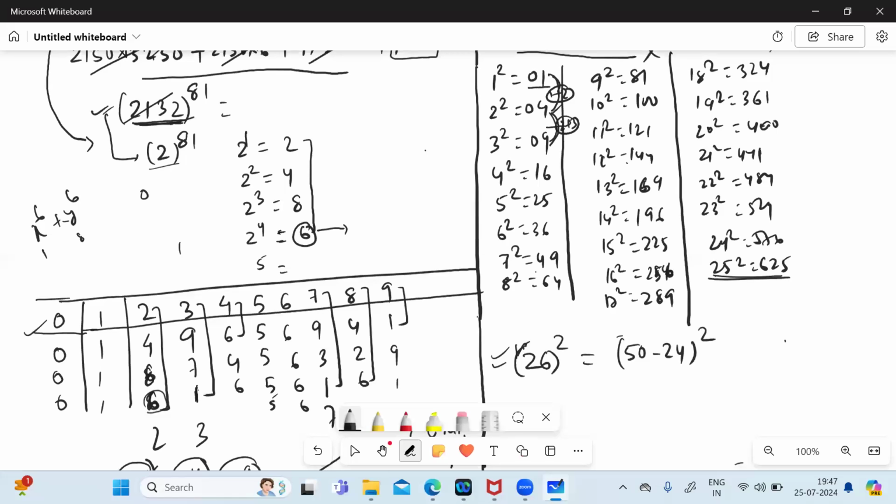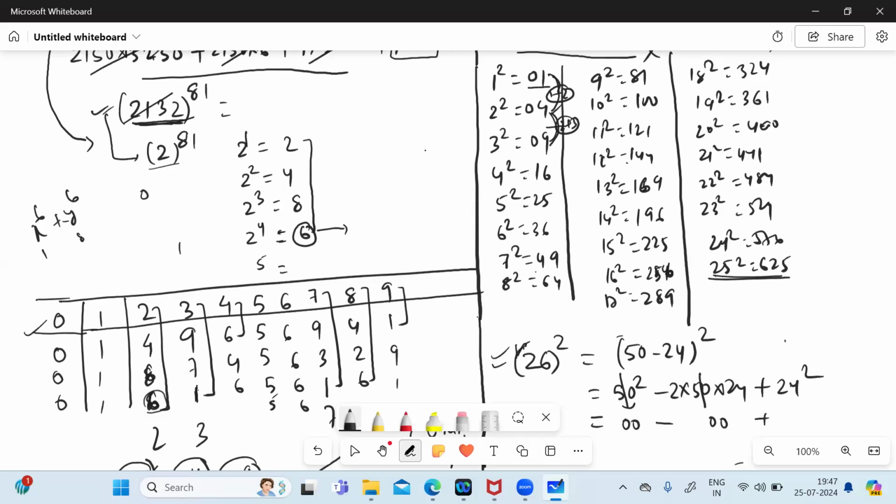Through algebra, we know that (a minus b) square is 50 square minus 2 into 50 into 24 plus 24 square. Now this square will give you 00 at its end, and this multiplication will also give you 00 at its end.